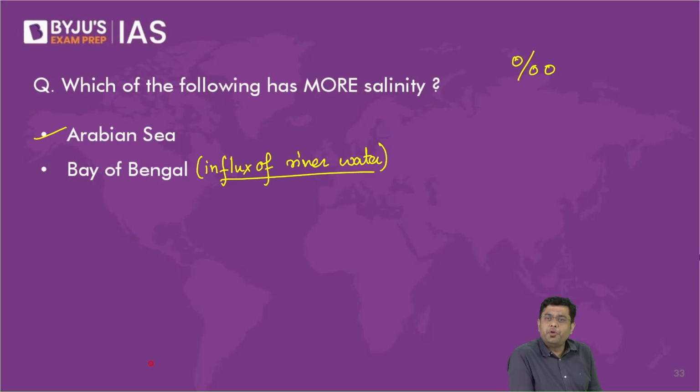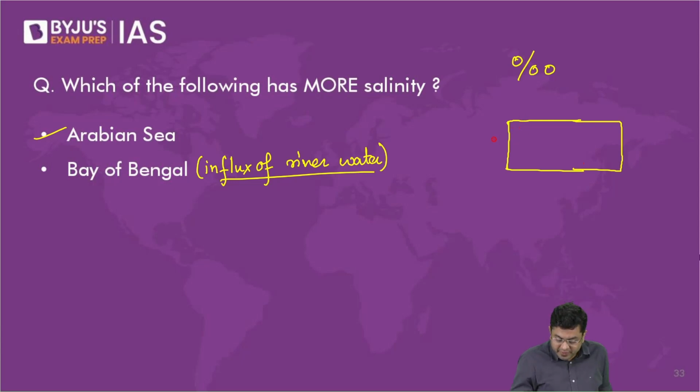Now let's assume that the seawater is significantly saline. That means it has a significant presence of salt in the seawater. Let's suppose here we have the presence of the seawater.